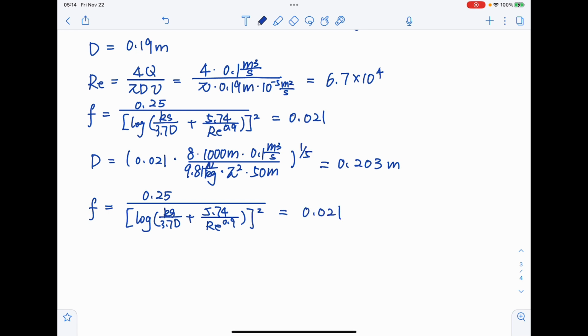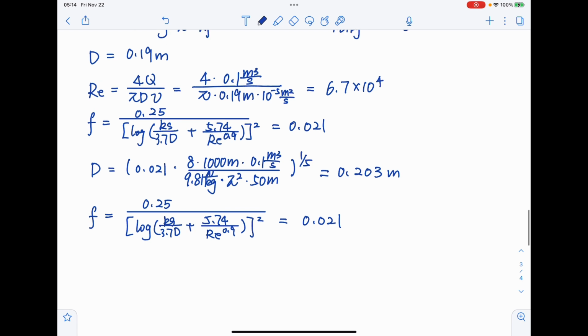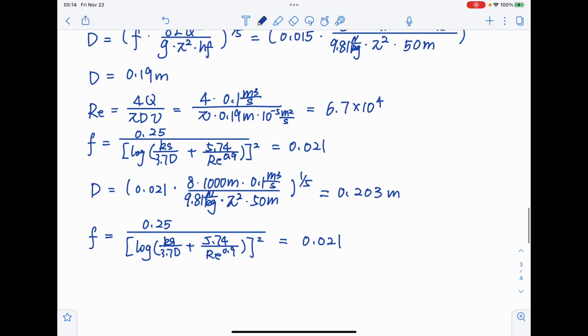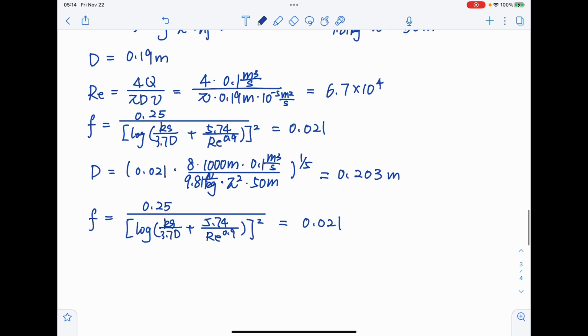So this F here, the new F, is equal to the old F, so we can see the answer of D is already quite close to the real D we need.